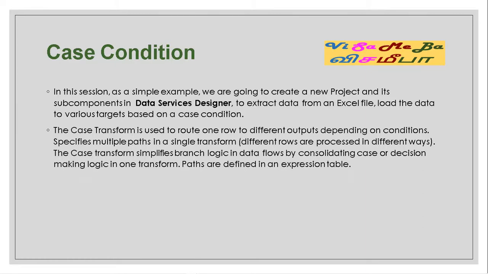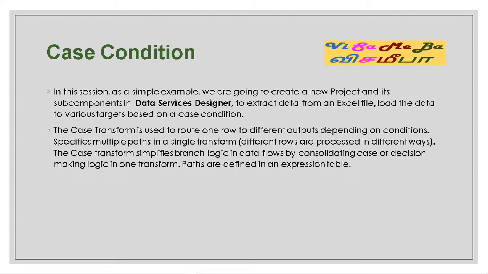Case condition. In this session, as a simple example, we're going to create a new project and its subcomponents in Data Services Designer, to extract data from an Excel file and load the data into various targets based on the case condition. The case transform is used to route one row to different outputs depending on conditions.